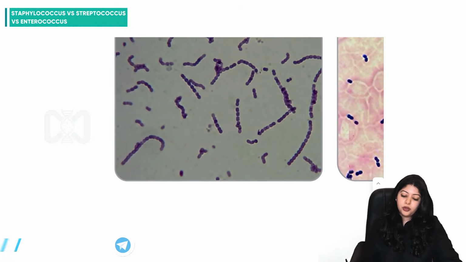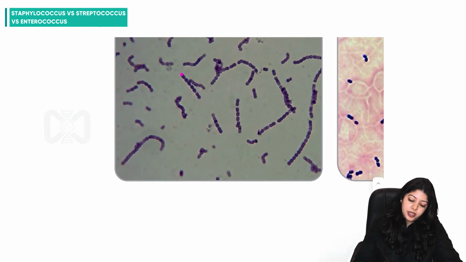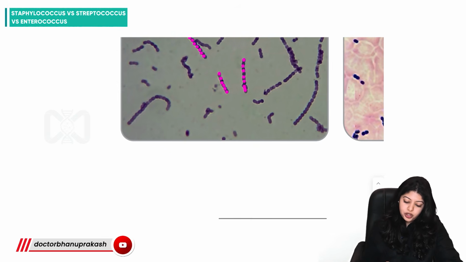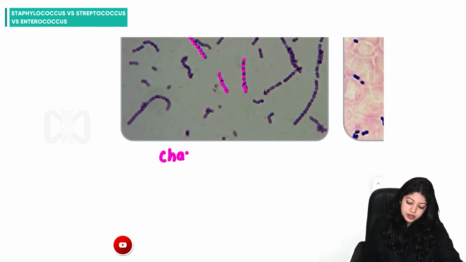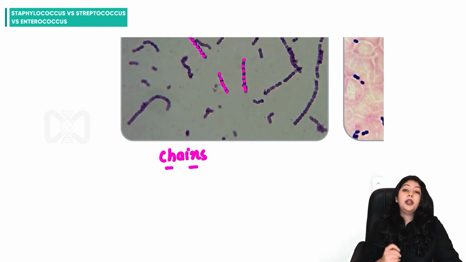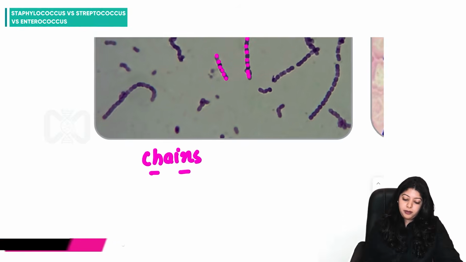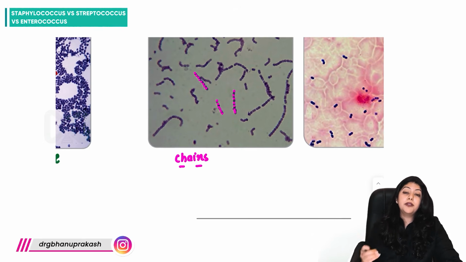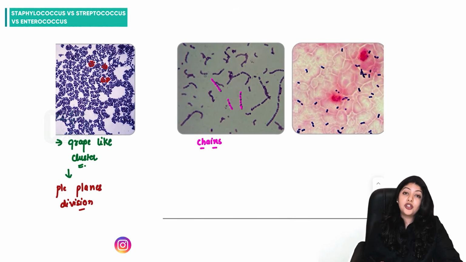In this image also we are very easily able to appreciate so many cocci which are present as chains. Right? Cocci present in chains, whether it is a small chain or a big chain. Different streptococci can also be differentiated further on the basis of the number of cocci present in a chain. So what is the longest chain?